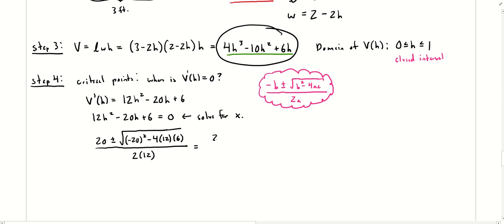That's going to give me 20 plus or minus the square root of 112 over 24. And that's going to give me two values of h. h is either 1.2743, I'm rounding here a little bit, or h is 0.3924.